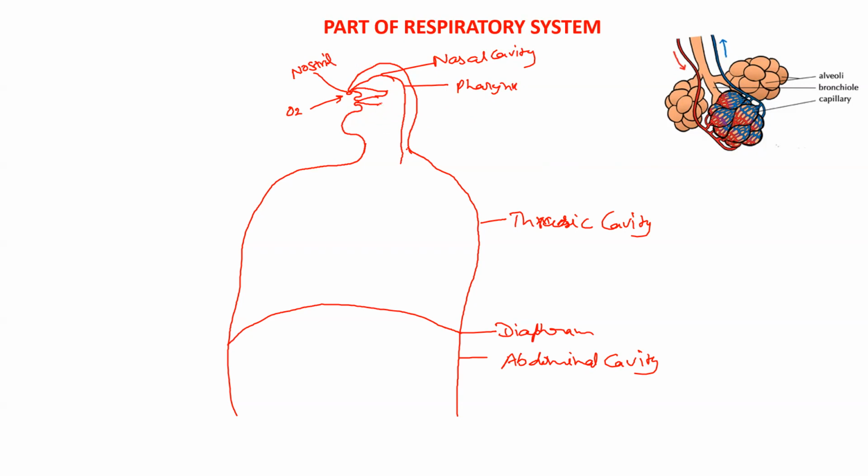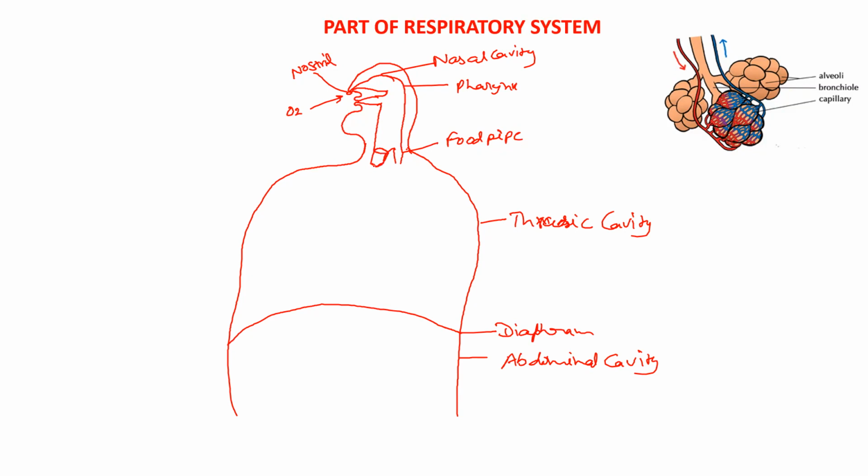Now this pharynx leads to two pipes, okay? The backside pipe is the food pipe, which we will not discuss here. And on the front side, the pharynx opens into a box-like structure, okay?